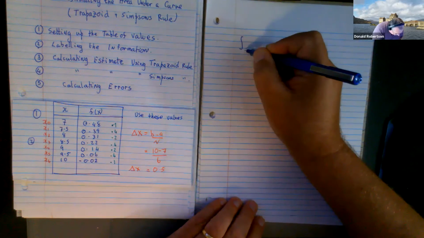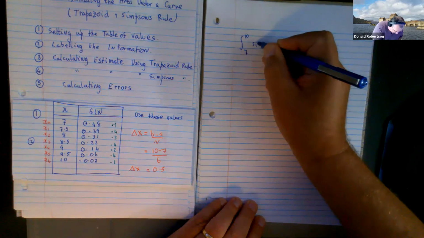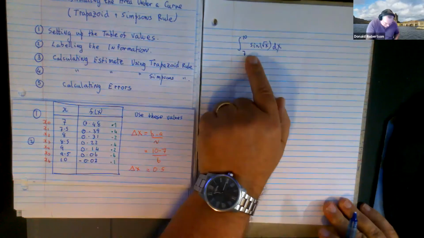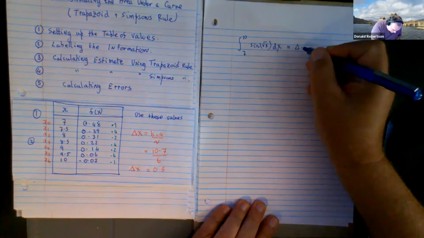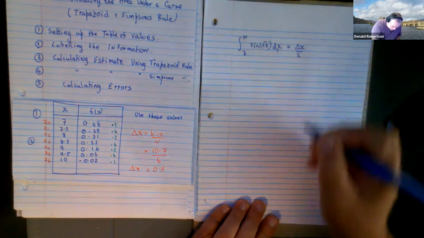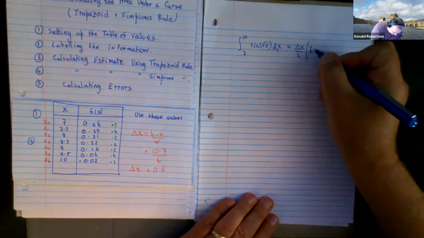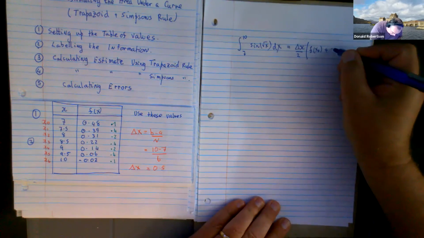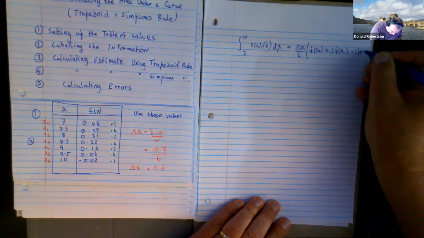So the area under the curve from 7 to 10 of the sine x fella, that's the math notation for the area under a curve, is approximately equal to delta x divided by 2 times the value of the function x naught, which is this guy, plus 2 times this fella, plus 2 times the next one.